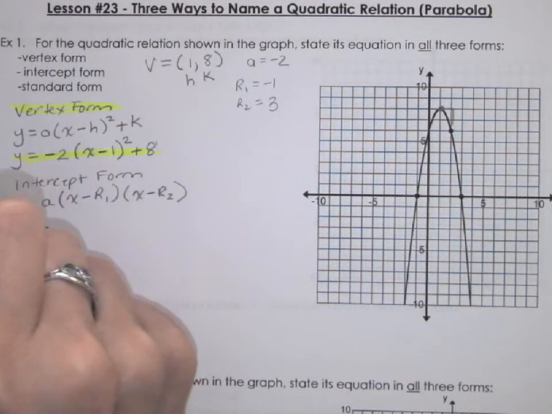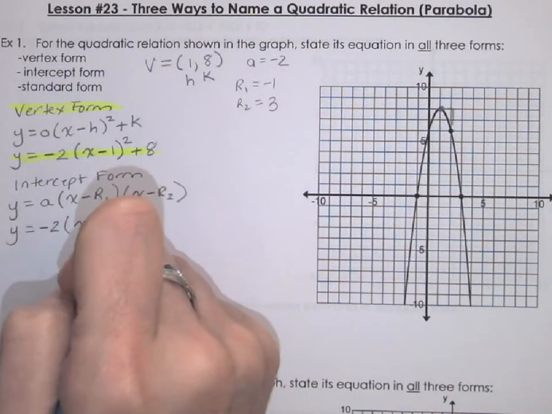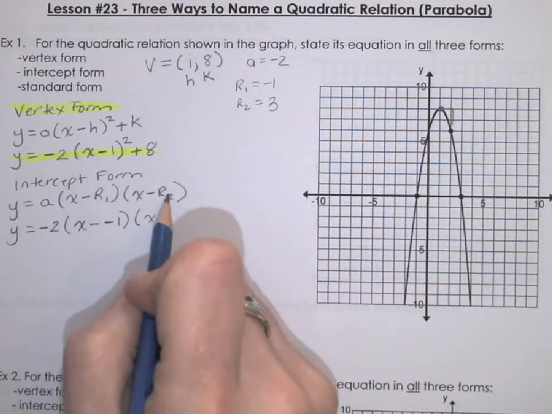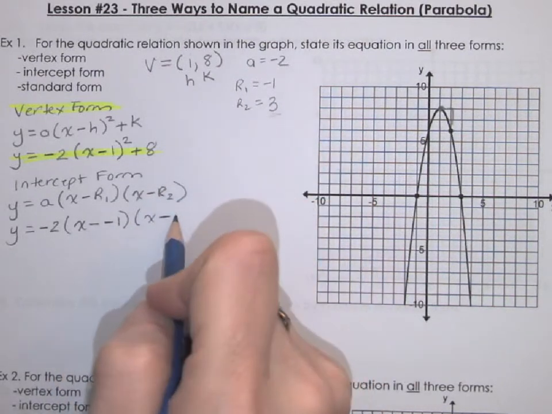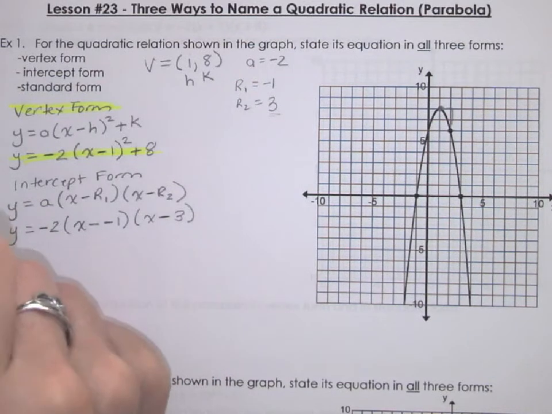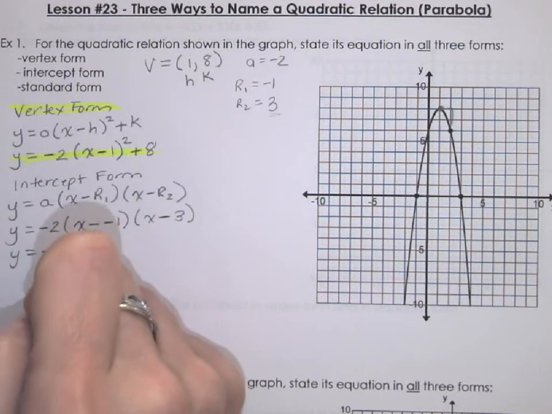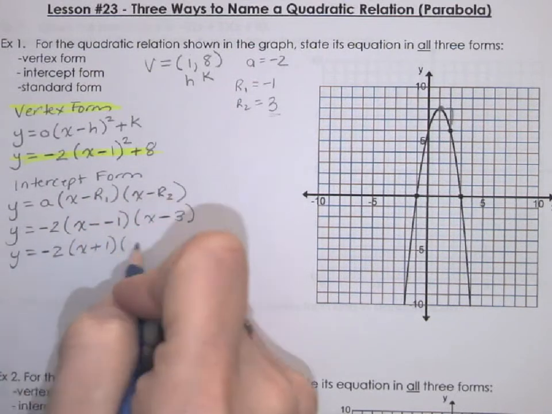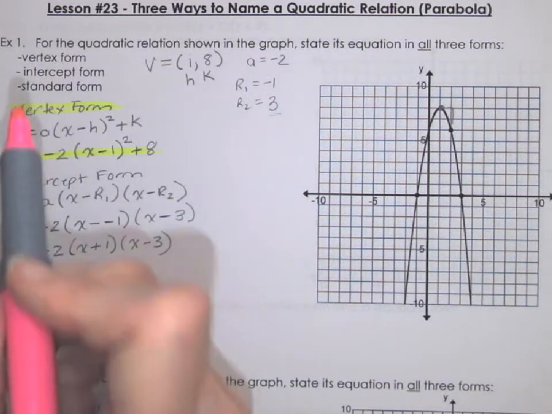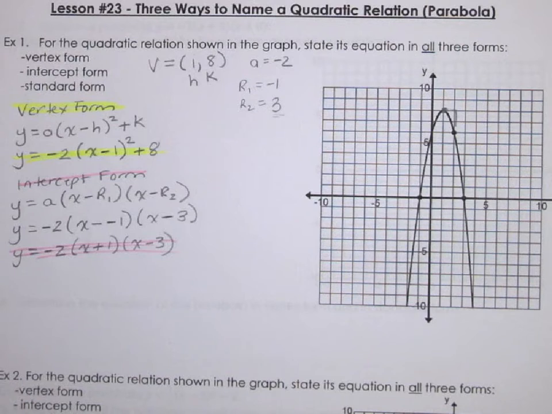So again, a is -2. x minus, so we've got r1 being -1, and x minus r2 is 3. And that's not simplified because we have minus a negative in here, so we're going to need to simplify. x minus -1 is actually x plus 1. And now we've got it nicely in intercept form. So our intercept form is going to be there.